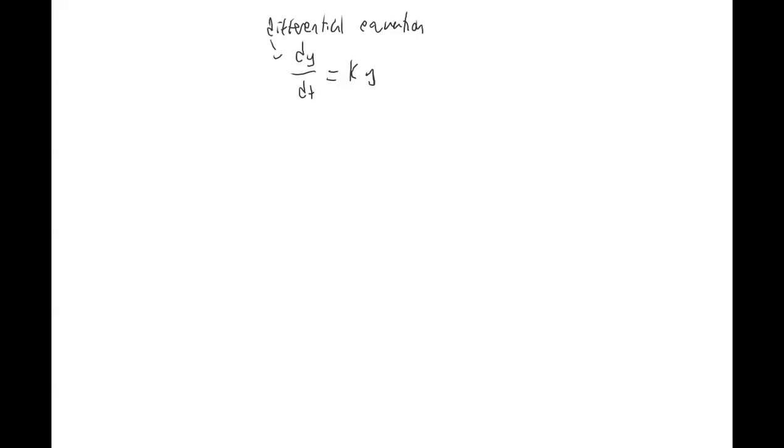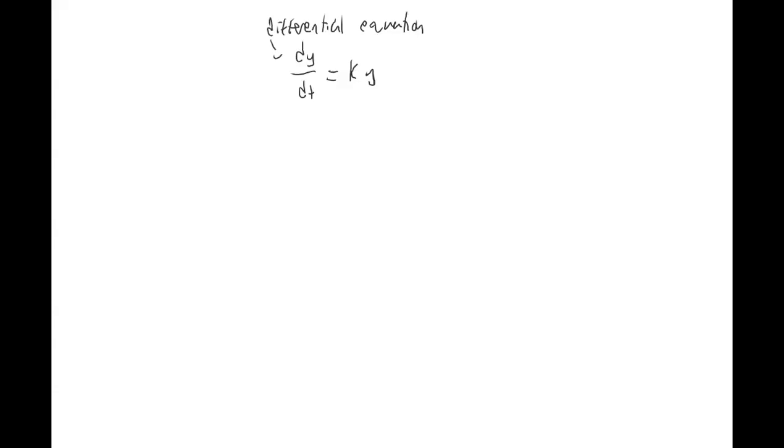A differential equation is like the opposite: I tell you that a function satisfies this equation, and you're trying to find y. It's saying what function, when we take its derivative, is a multiple of itself.